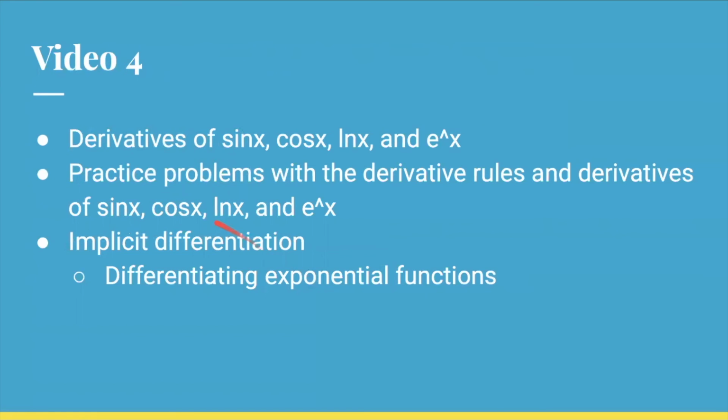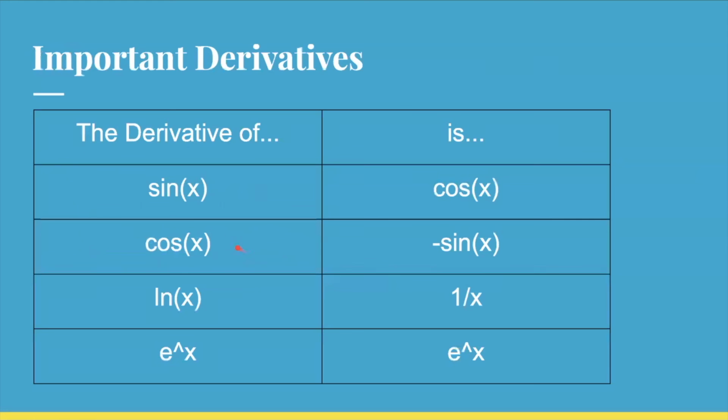And then in video 4, you learned about the derivatives of sine x, cosine x, ln x, and e to the power of x. And then we did some practice problems. And then you started learning about implicit differentiation and how that can be used to differentiate exponential functions. All right, so here are the derivatives of sine x, cosine x, ln x, and e to the power of x.